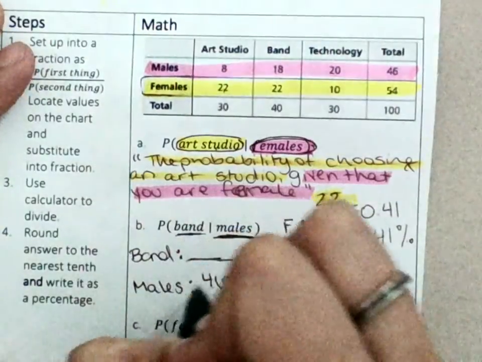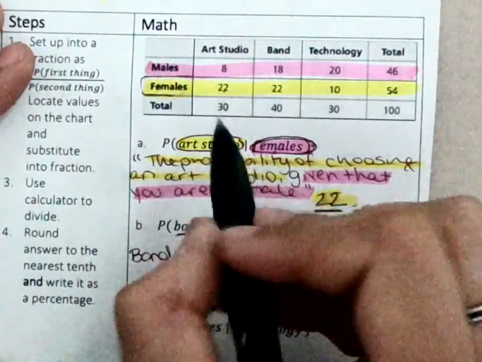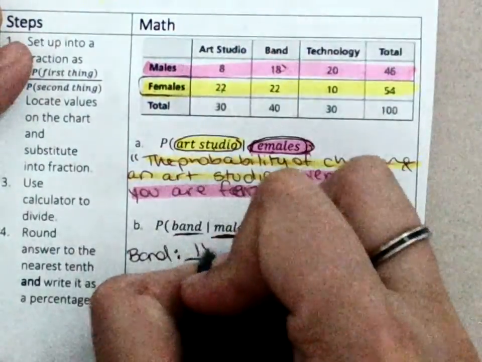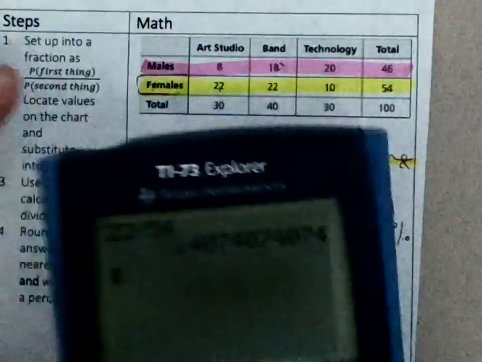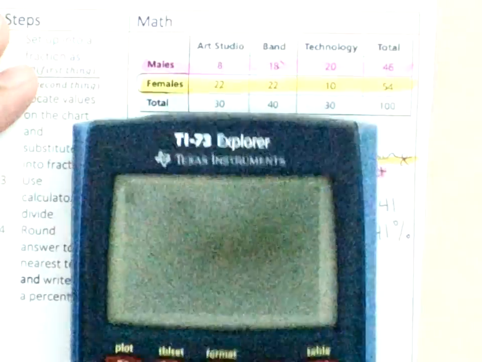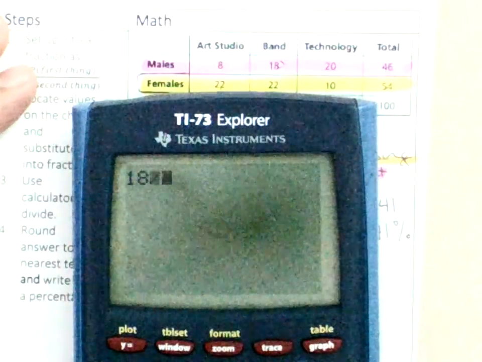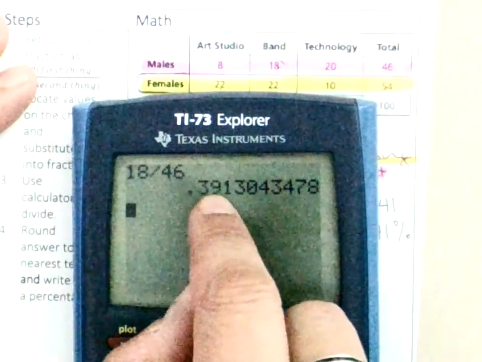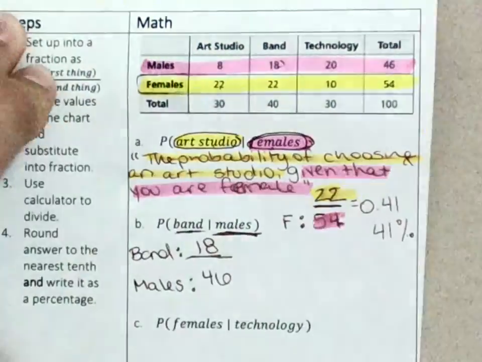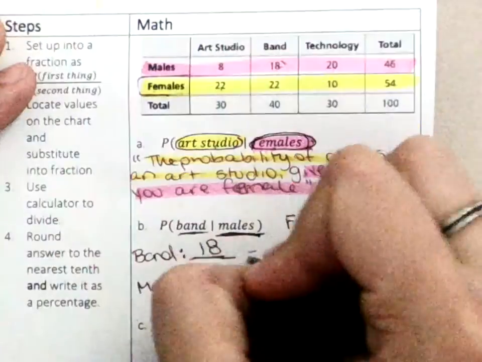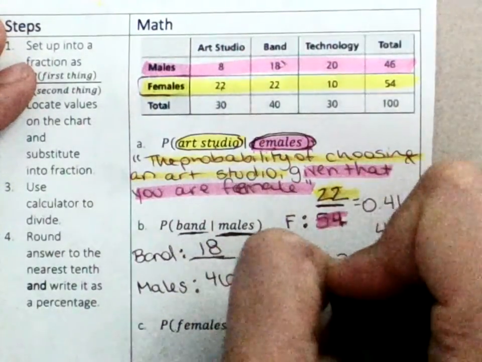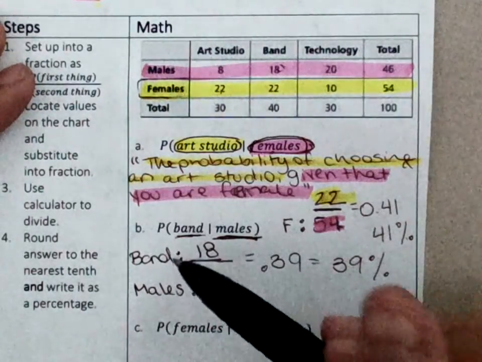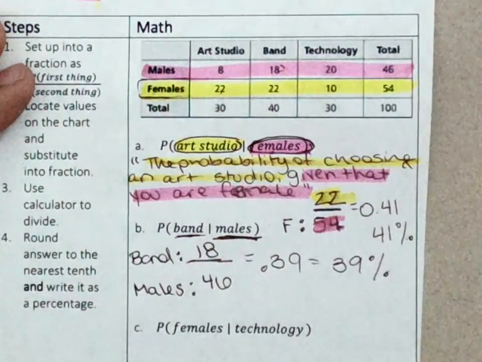Given that you're a male, the probability of you choosing band, we see that there's 18 men that have chosen band. That'll be our numerator. 18 over 46, or 18 divided by 46, gives us 0.39. The 1 does not change the 9, so I'm going to leave the 9 by itself. So the probability of someone selecting band, given that they're male, is 39%.